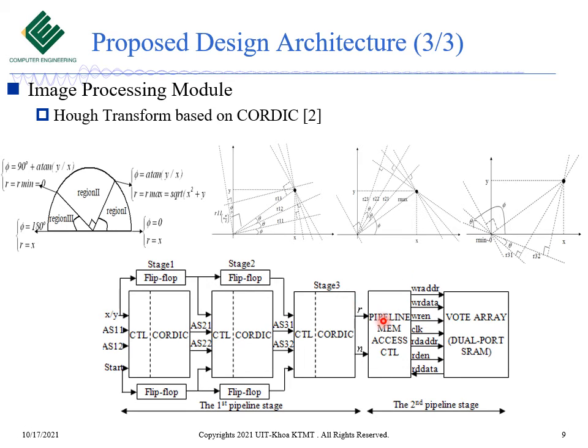And we need the control for the pipeline memory access, and this plays a role in the background of the voting. And here, for higher processing, we apply a two-step pipeline. One is the CORDIC calculation, and one is the voting operation.